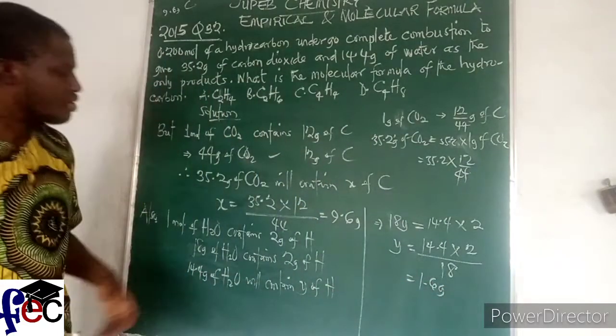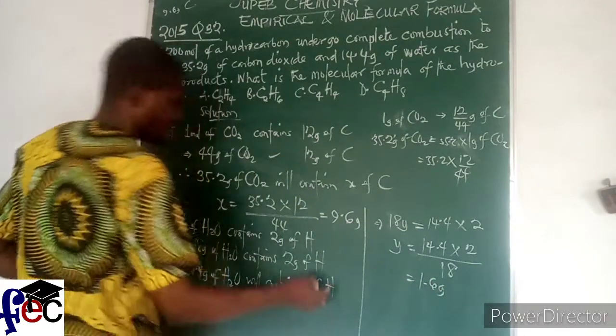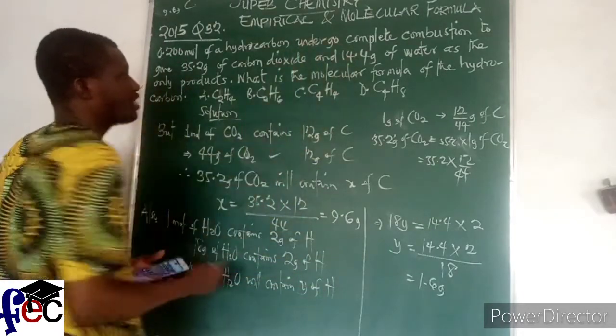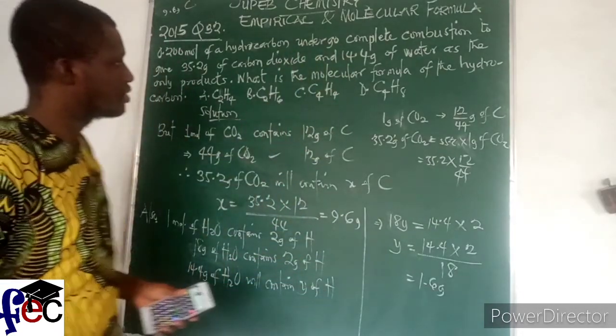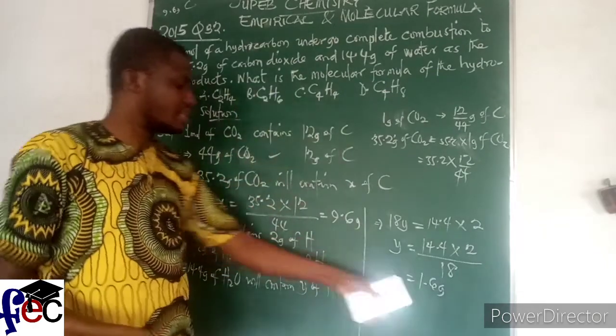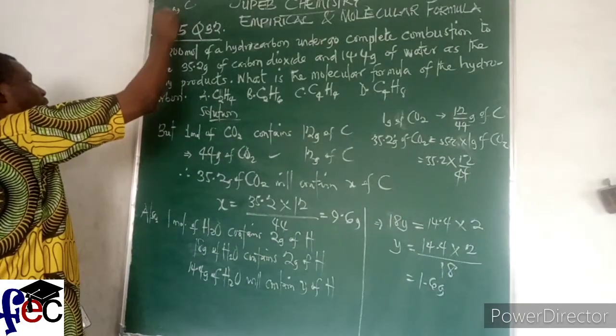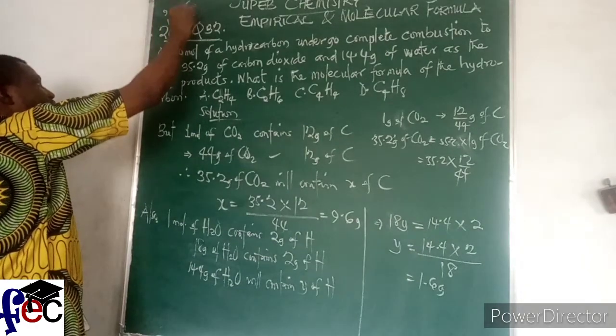This means that the mass of hydrogen present in water, or in the hydrocarbon, is actually 1.6 grams. So this is now 1.6 grams of hydrogen.